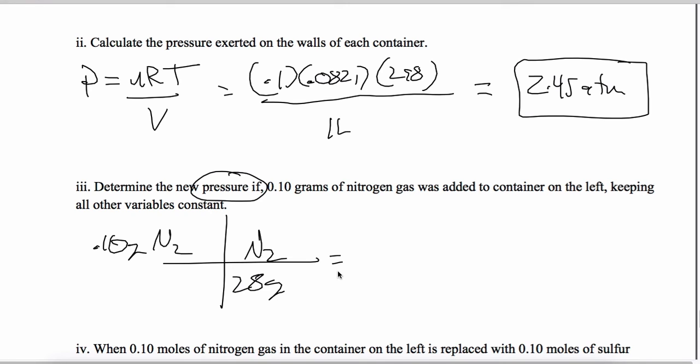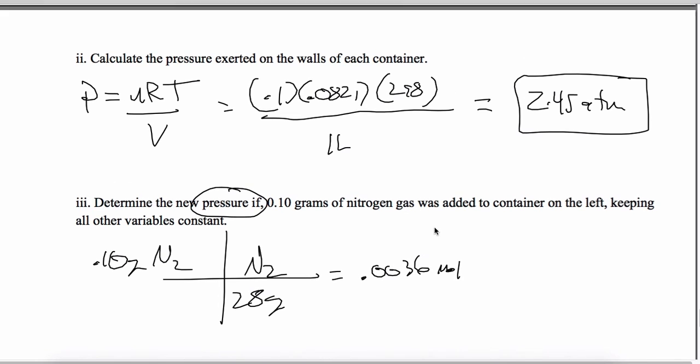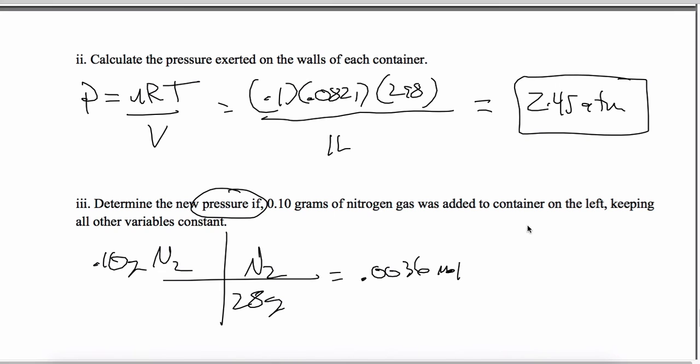Divided by 28 is 0.0036. So we have 0.0036 moles, okay? And we added that to what was already there, right? So we already had 0.10 moles.